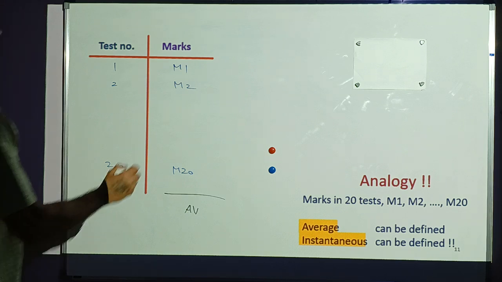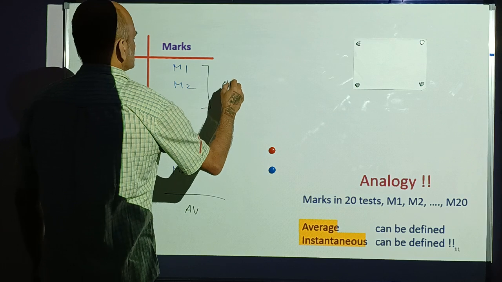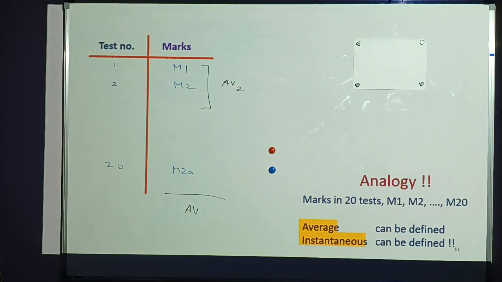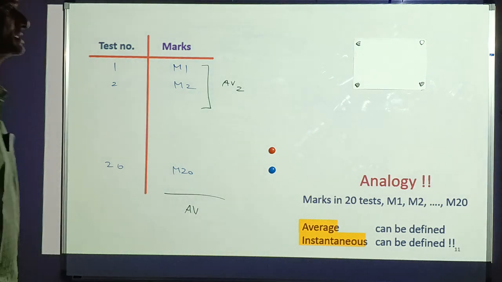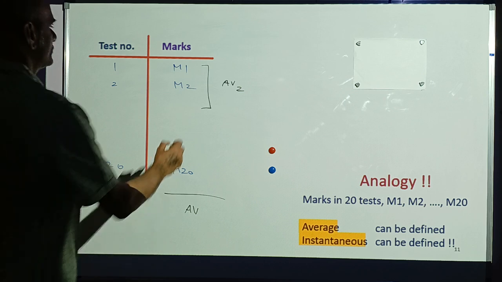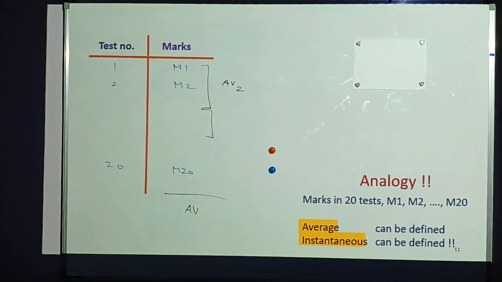Another thing you can do is take the average of the first 4 tests. That is a second type of average. So this will give how the performance of the student is changing every month. Assume that the test is a weekly test, 1 test per week. So if I take the average of 4 tests, that will give me how the performance is changing month to month.